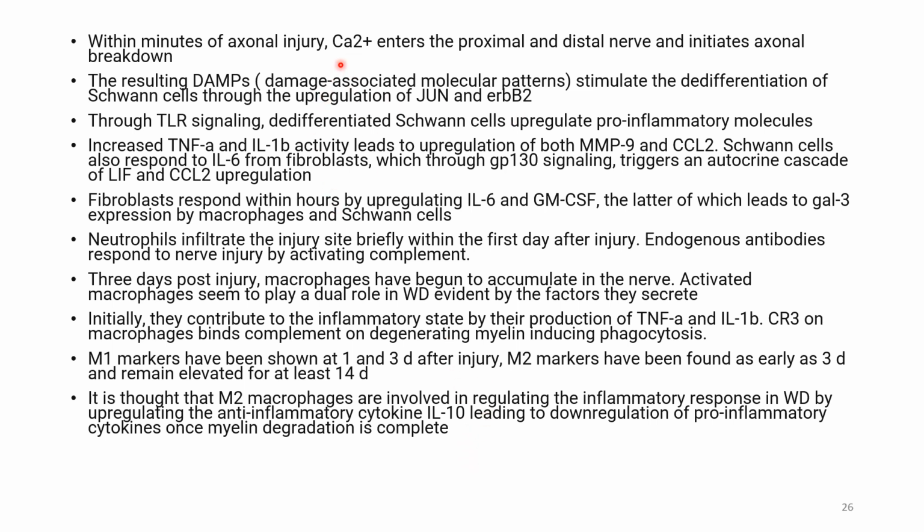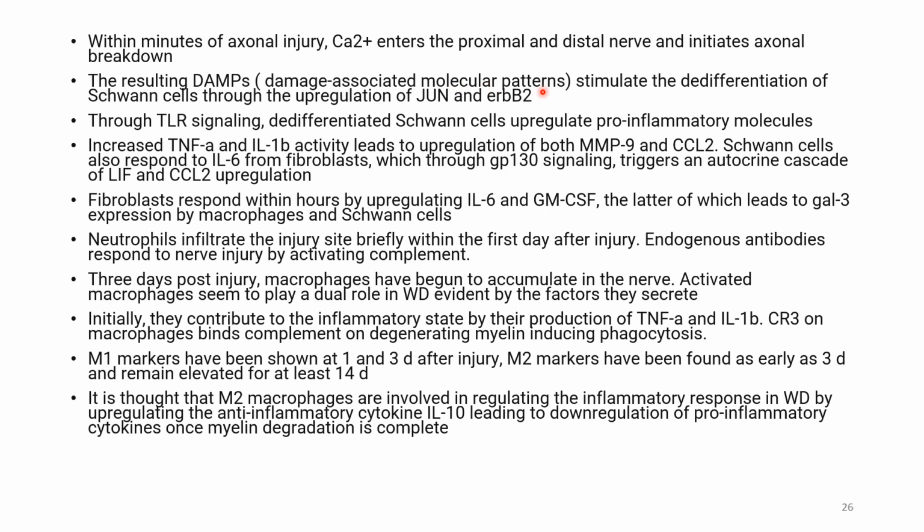So first point is calcium is entering the proximal and distal nerve ends. Then it will disintegrate the axon. Then it will release the DAMPs, that is damage associated molecular patterns.